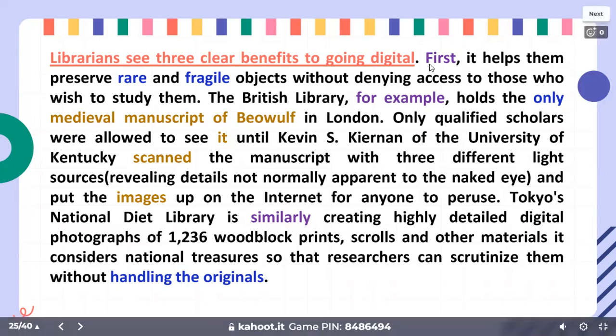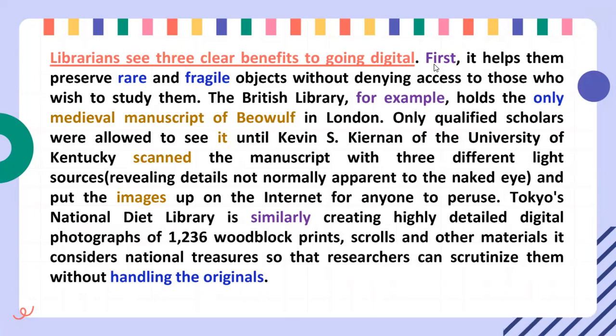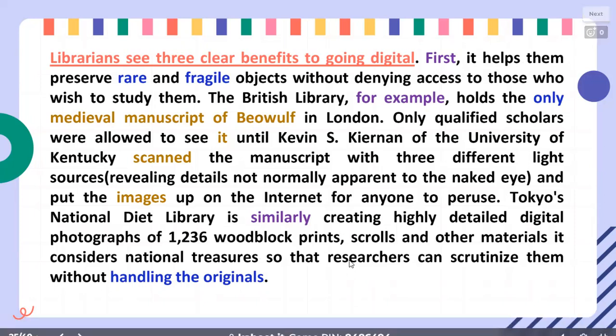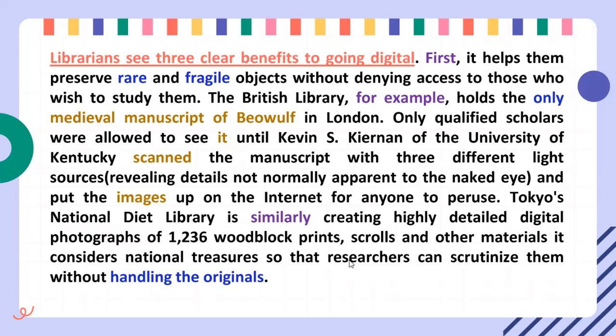And here we have first. What does it mean? The first benefit. Excellent. Now, if you scan for the second benefit, can you find it? No. So this means that the second benefit will be given in another paragraph, because normally when we write, each paragraph has one main idea.